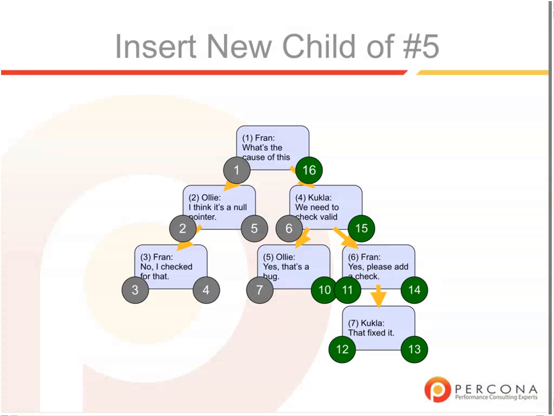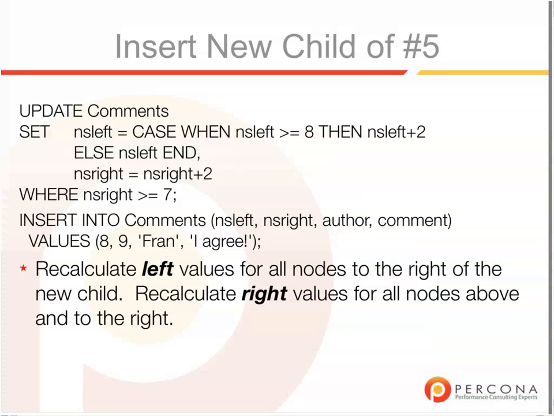We need to advance all of the numbers to the right and above to make a couple more numbers available, and then we can insert that new node. So this gets a little bit more tricky. You can use this update statement, shift over just the numbers that you need to, and then insert the new comment that has the new numbers 8 and 9 associated with it.